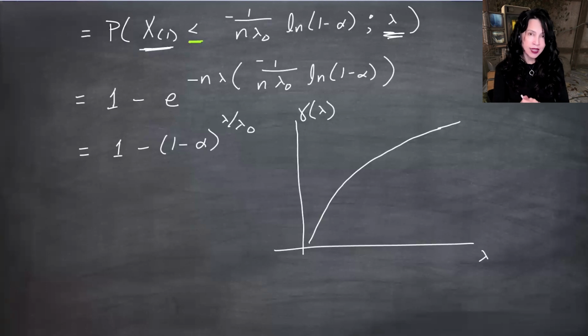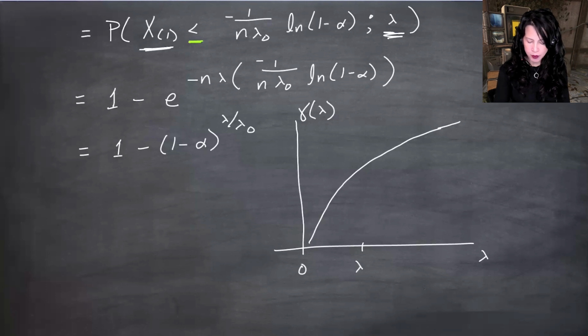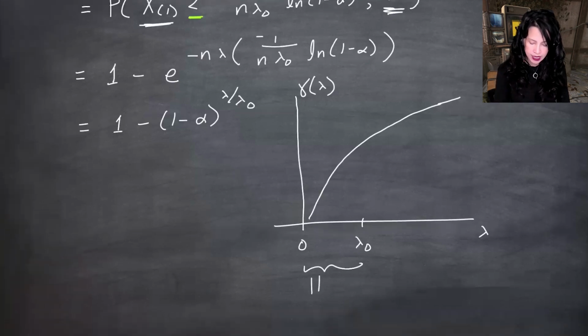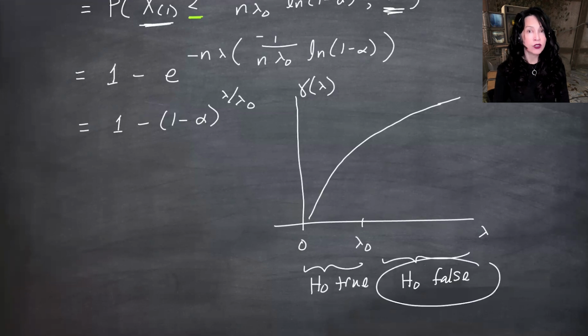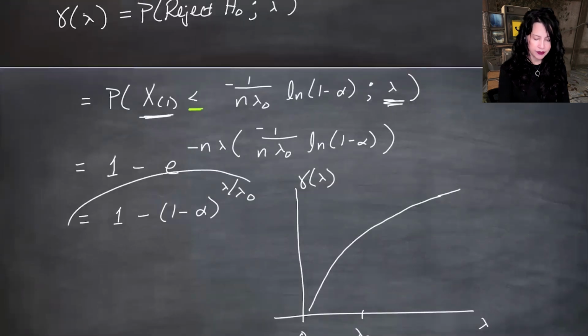But on the x-axis, let's look at the regions where the null hypothesis is true and the alternative is true. So if this is 0 and this is like a fixed lambda naught that's given in this problem, this is the null hypothesis is true region, and this is the null hypothesis is false region. So if the null hypothesis is false, you definitely want to reject this. This is a probability, so it is going to max out at 1.